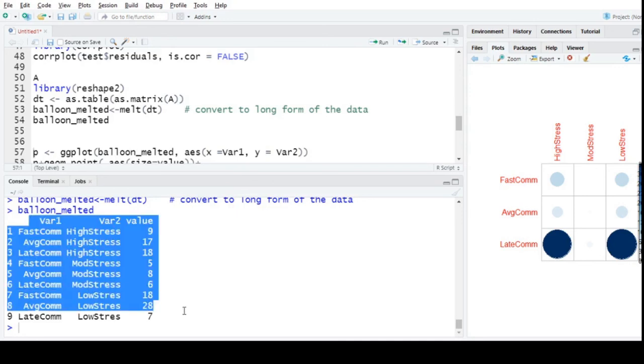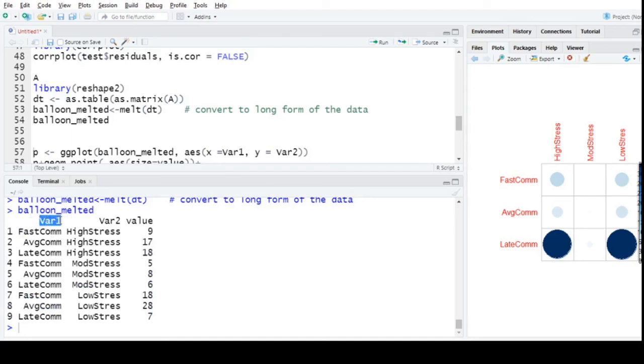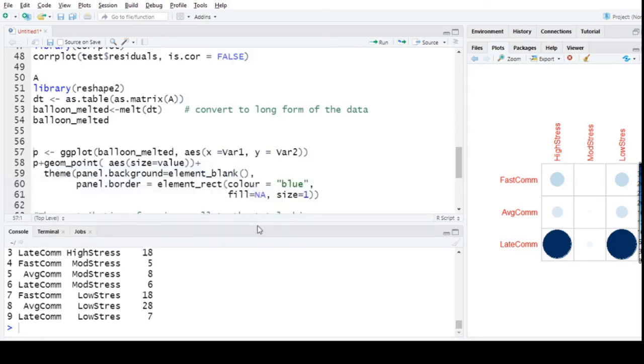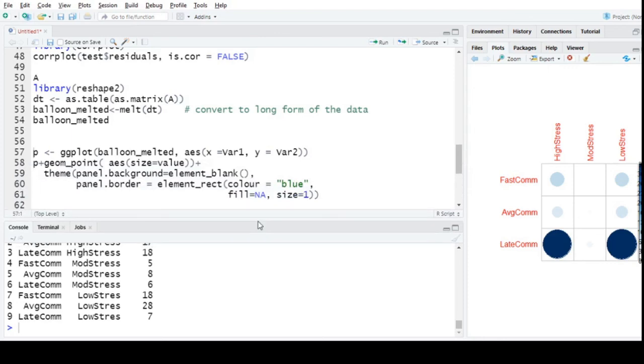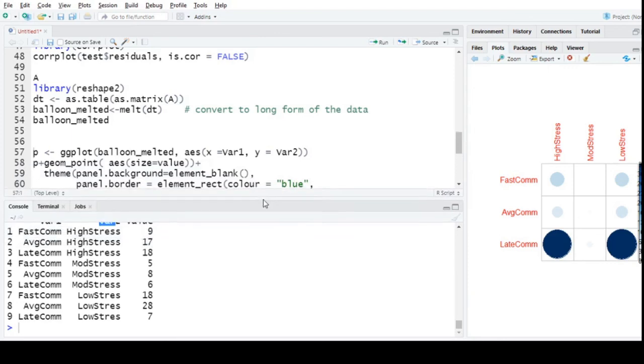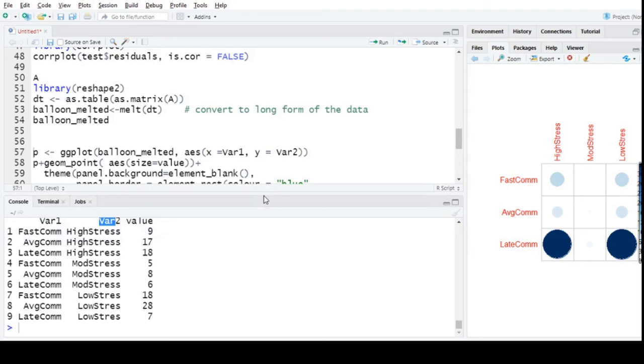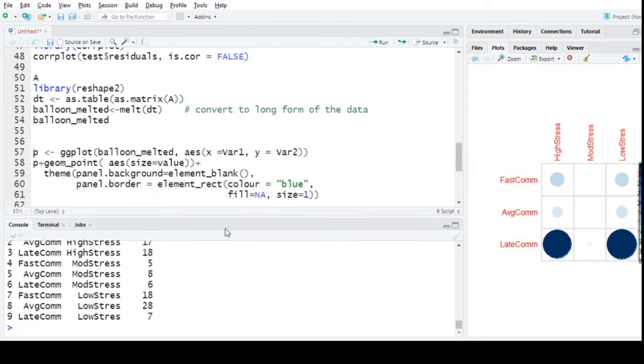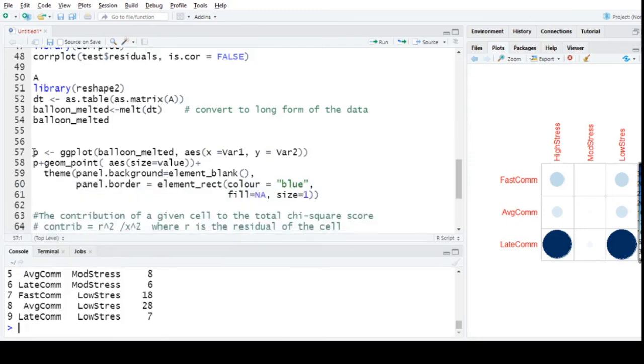There are two variables, it says Var1, Var2, which is the auto naming where the function itself names it, and this is the value. So if we use ggplot, we can do the plotting using long values, not using the distribution the way we had it initially. So now with this long form, you can plot the distribution.